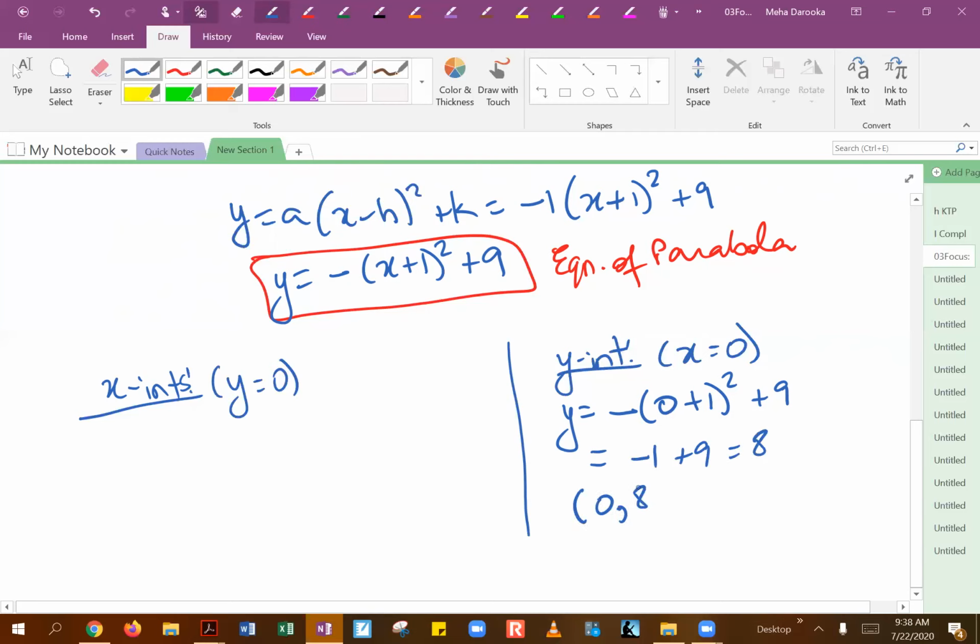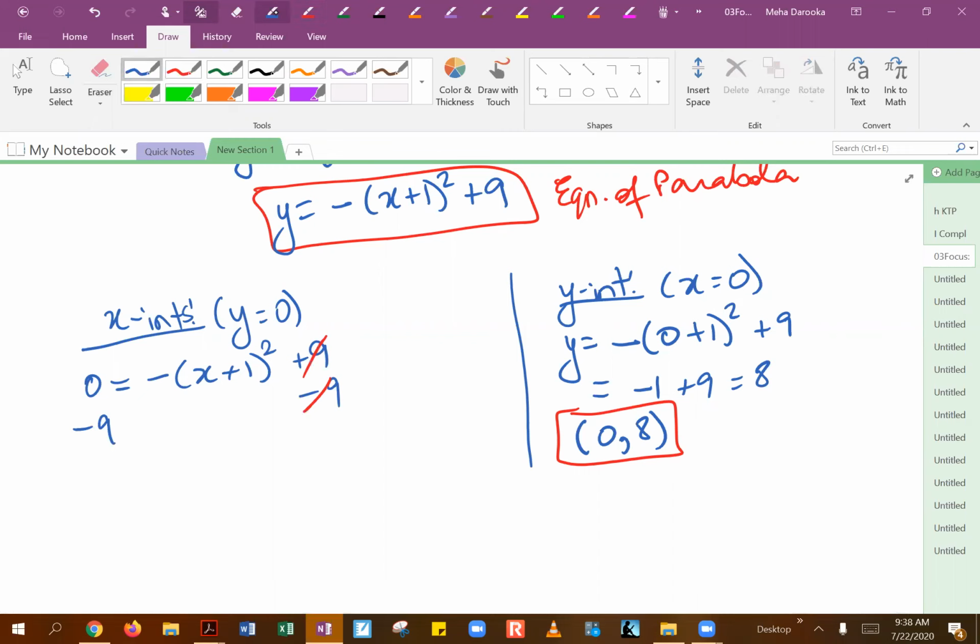So you can start by subtracting the 9, move it to the other side. So you get -9 equals negative the quantity x plus 1 squared. You can get rid of those negative signs, so divide both sides by -1. So we have +9 equals x plus 1 squared.